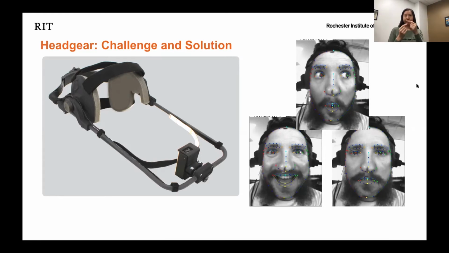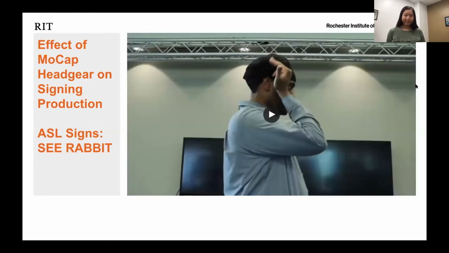A big challenge we had with the headgear is that it's industry standard and it was not designed specifically for deaf individuals, and it was not hand friendly for actors, and even hearing actors use gestures. It definitely had an interference, and we have a specific example to show you. So I ask the audience to please pay attention to the movement and placement of the sign rabbit. Pay attention closely because we're going to do a comparison later.